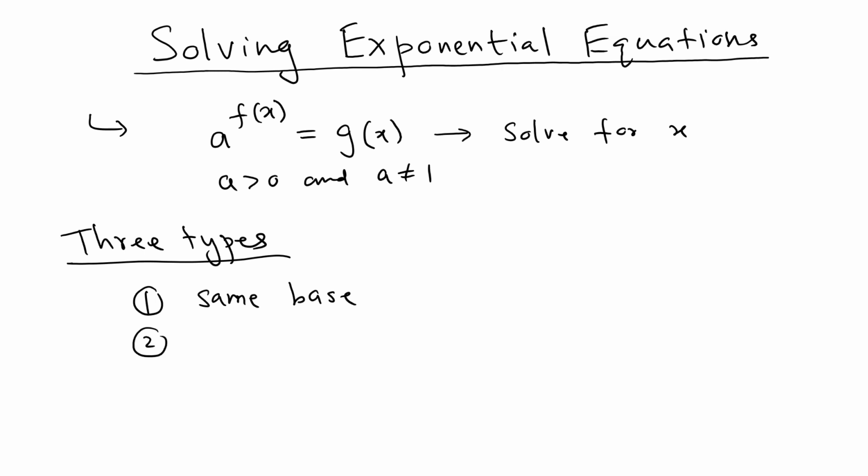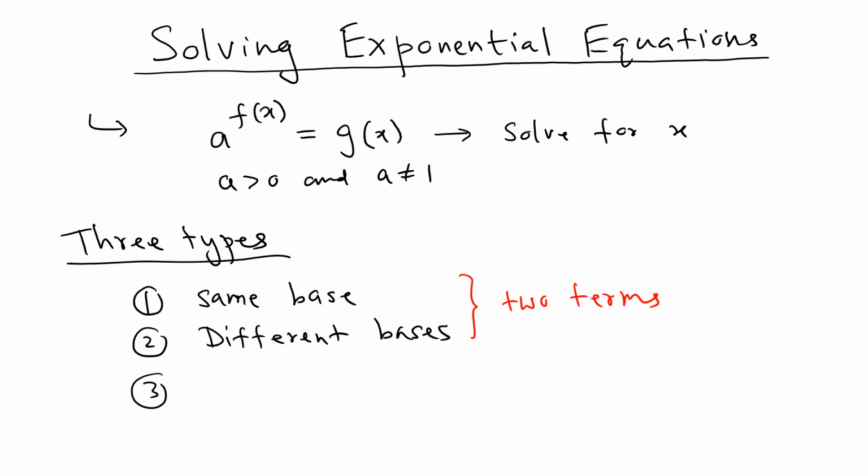The second one is different bases, and in this case we assume the equation has two terms, so this is a two-term equation. The third type is more than two terms. Those are the three different cases, and we're going to solve them one by one with details.